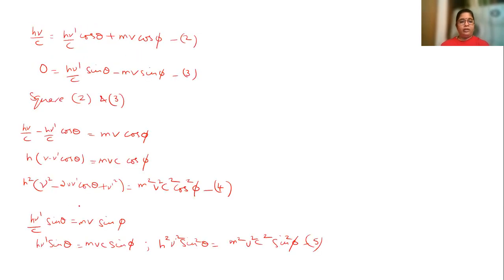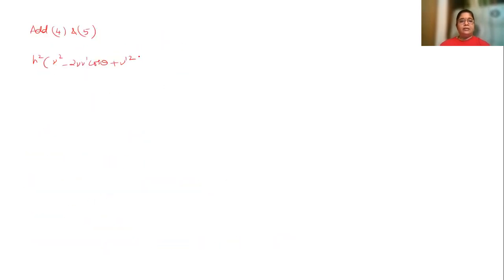So what should I do now? Add 4 and 5. Let me write 4. h square times nu square minus 2 nu nu dash cos theta plus nu dash square cos square theta is what we have in 4 here.